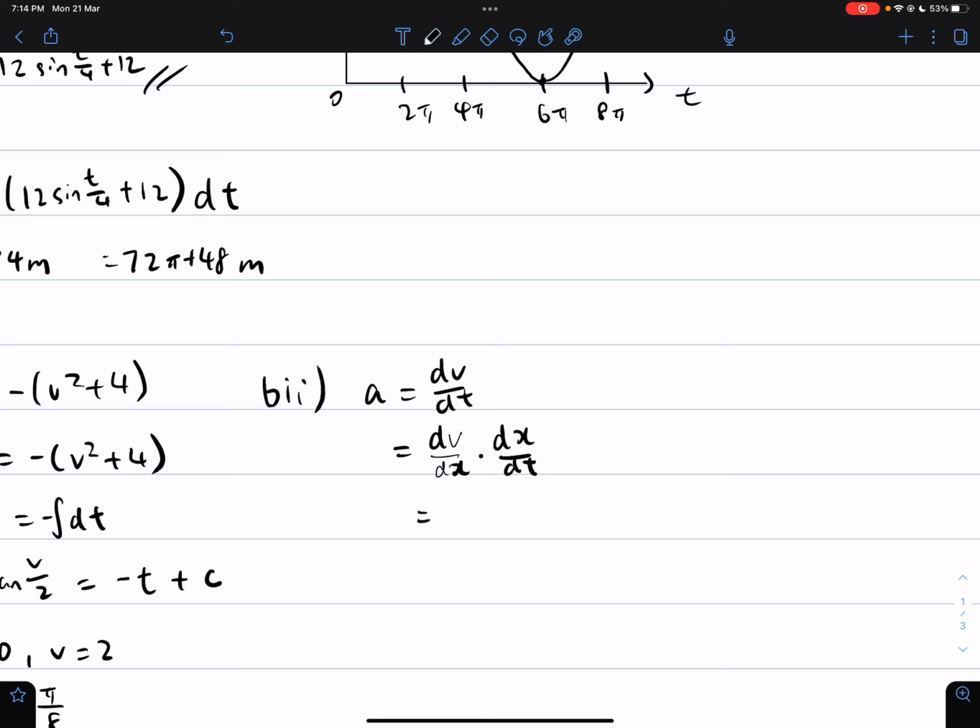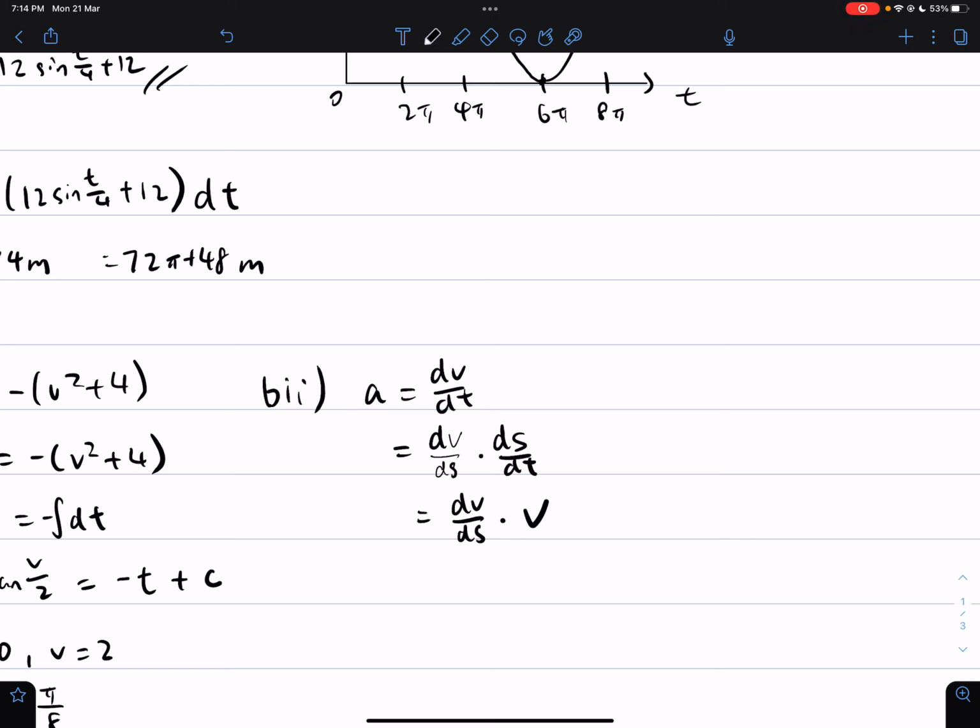And recall ds over dt, with s being displacement, is basically just v. So we can rewrite this as dv over ds times v.